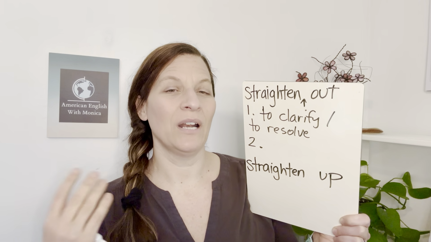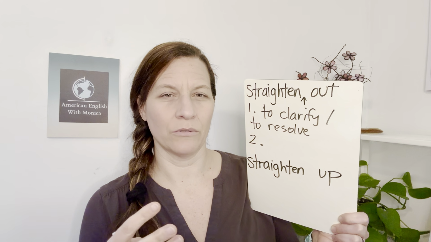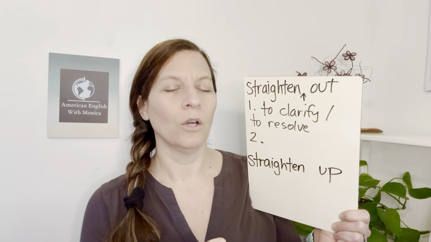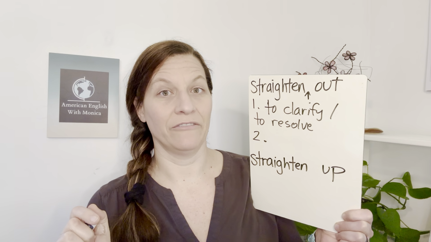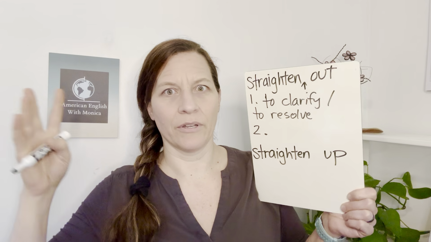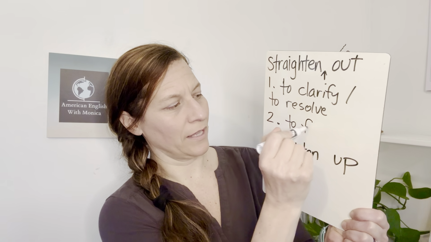But if someone has a lot of problems, serious problems like with money or a job or a house or an addiction to something, we might say they need to straighten their life out. They need to straighten out all of their problems in their life. Okay? So to fix one's life.